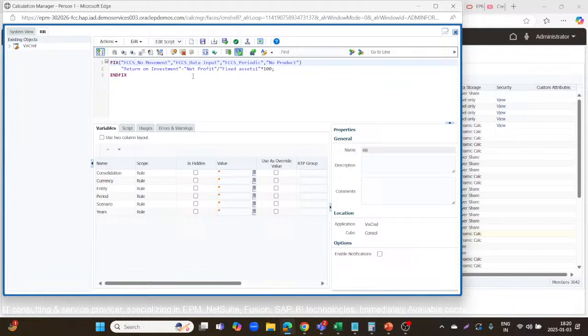You can add all the child members and reach the net profit, or add all the fixed assets under the children of the fixed asset and reach the fixed asset. I'm just trying to show you return on investment now. I'm not working on the base level numbers.